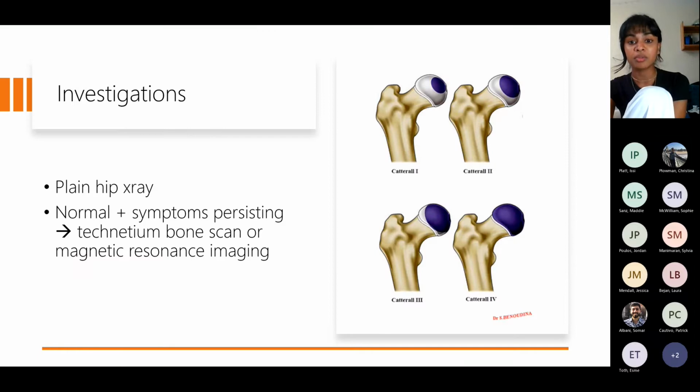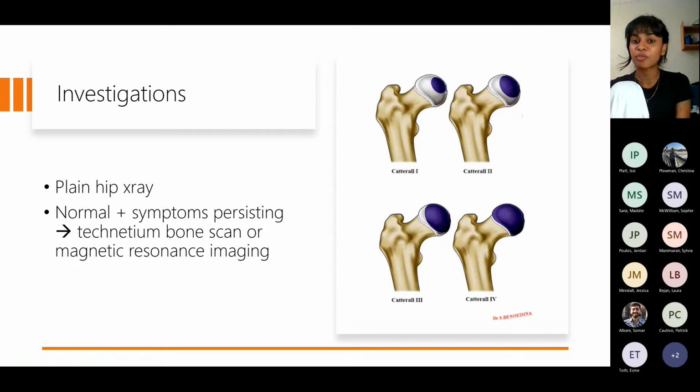So in terms of investigation, obviously I've just shown they've done a hip x-ray. Does anyone know what investigation you might do if the hip x-ray is normal but the child is still complaining of hip pain, they still have a limp? What other type of scan can we do? You can do MRI, yeah.